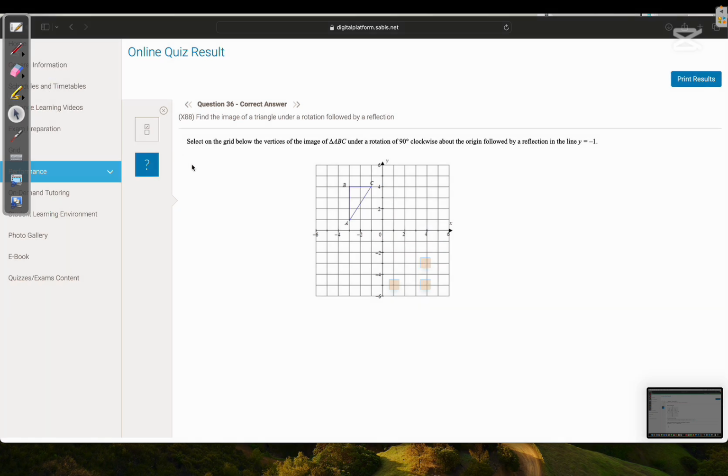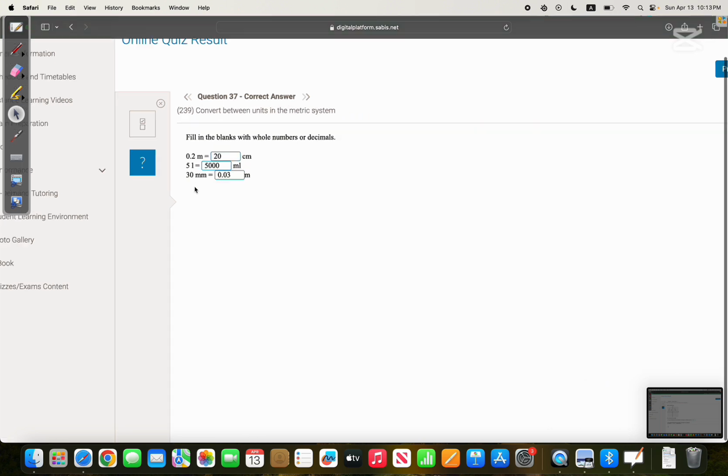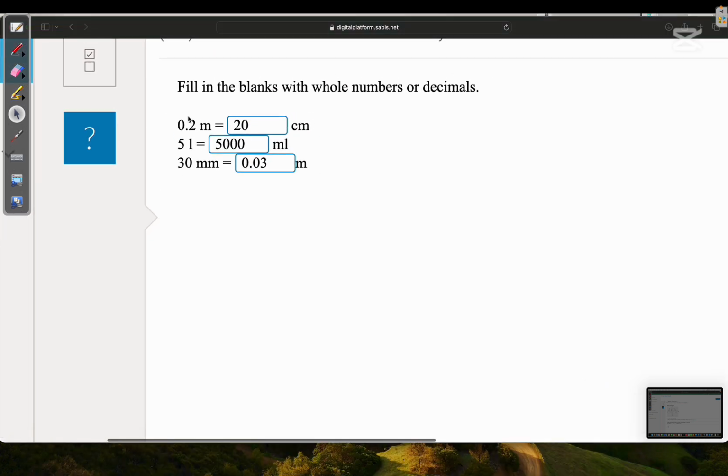Two more questions left. Number 37. 0.2 meters, okay. So meters to centimeters, you do times 100.